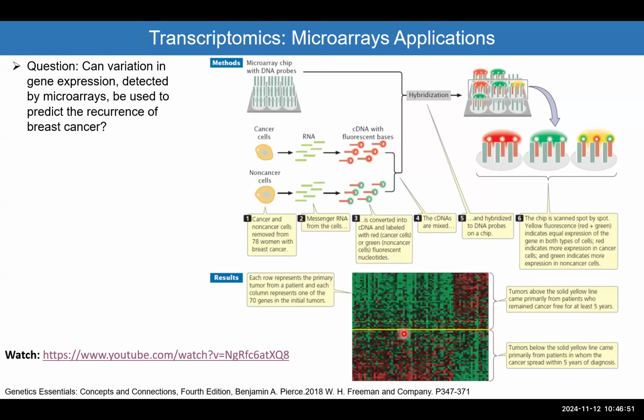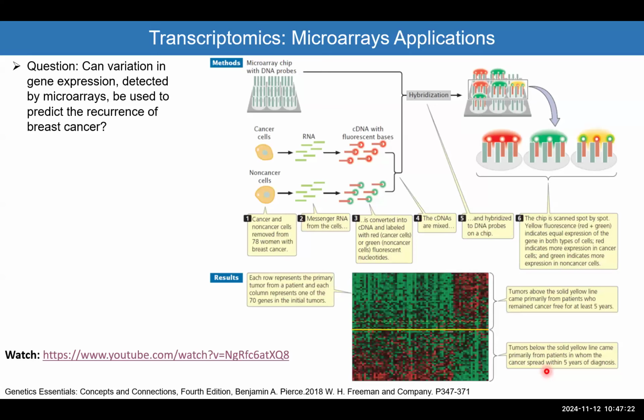The upper population, where you have this gene here, is mostly not showing up in conditions where the patient was free from cancer for 5 years, while it was more obvious in the population where the cancer came back recurrently within the 5 years.